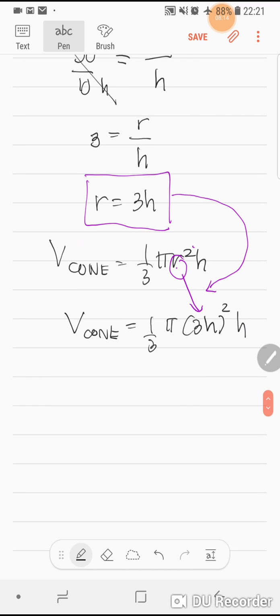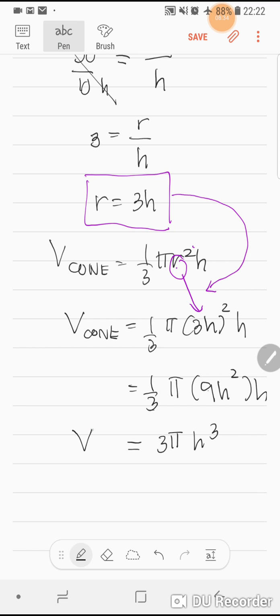So let's simplify that before getting the derivative. So pi and then 9h squared, then h. 9 divided by 3 is 3, so 3 pi h cubed. That's the volume.